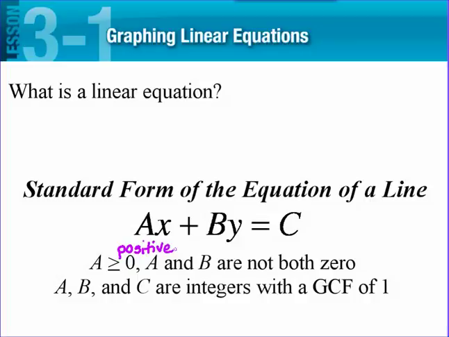So remember again, a is the number in front of the x, b is the number in front of the y, and c is the number all by itself. So that is our standard form of the equation of a line. I'll let you go ahead and get that down, and then we're going to look at some examples.